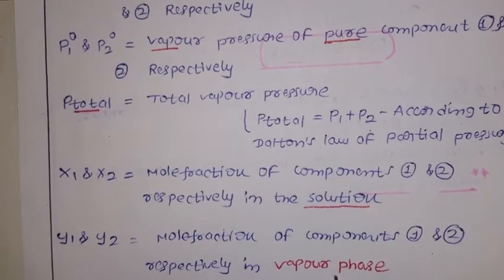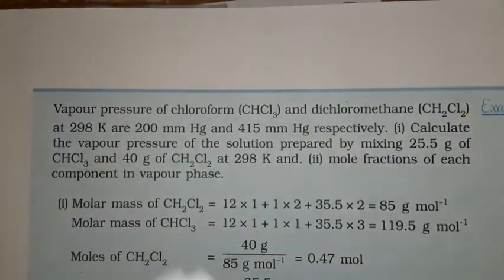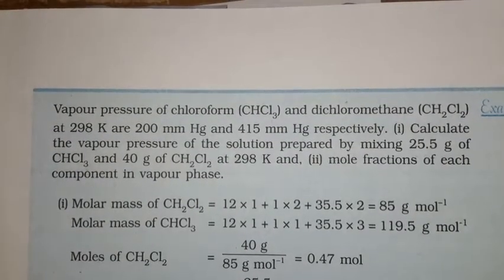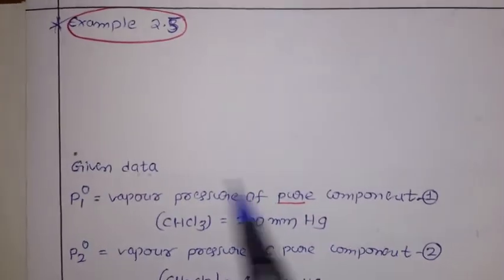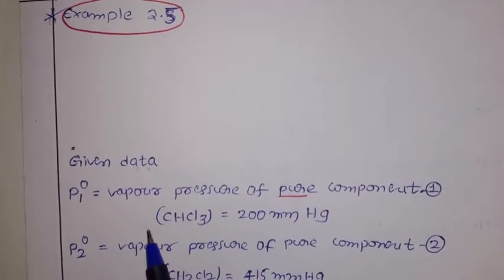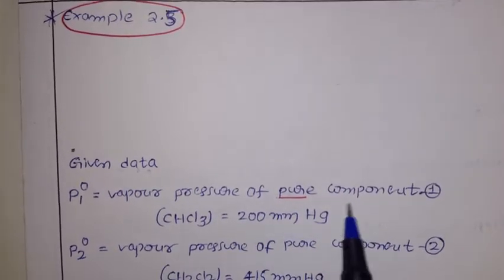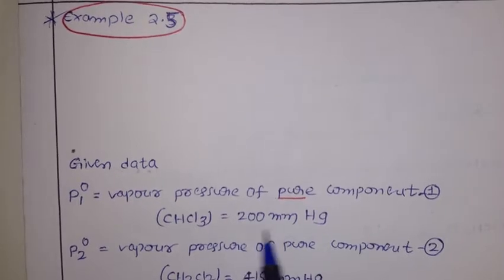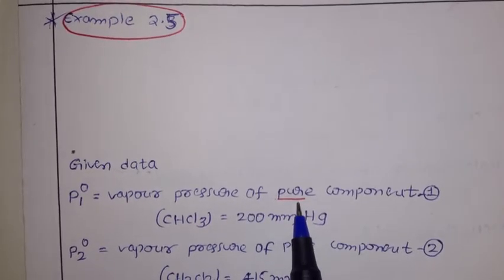Now let us see the solution they have given here. First, the given data. The vapor pressure of the pure component: they have given chloroform only, which is a pure component.